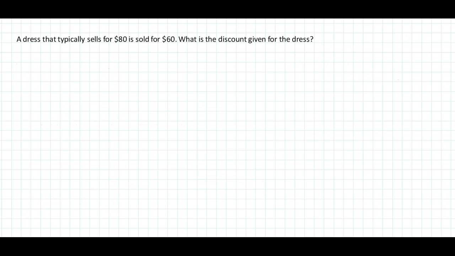So let's look at some examples and see how we can apply this. A dress that typically sells for $80 is sold for $60. What is the discount given for the dress? Here we know that our discount is going to be original price minus our final price.